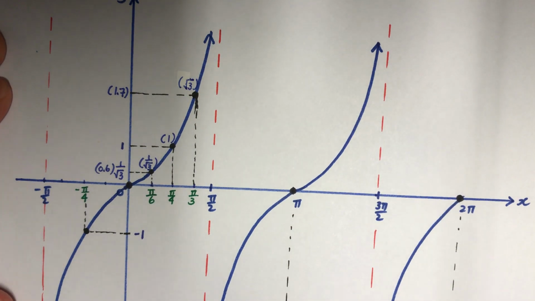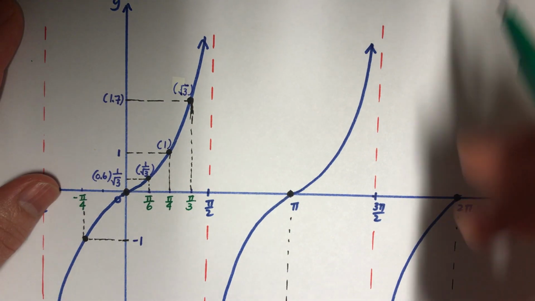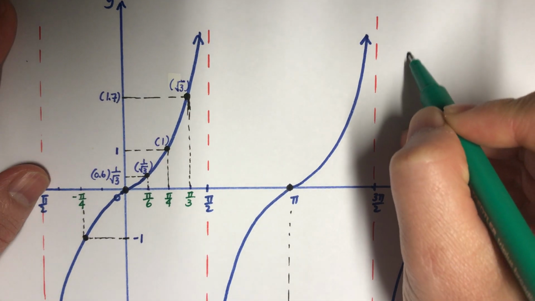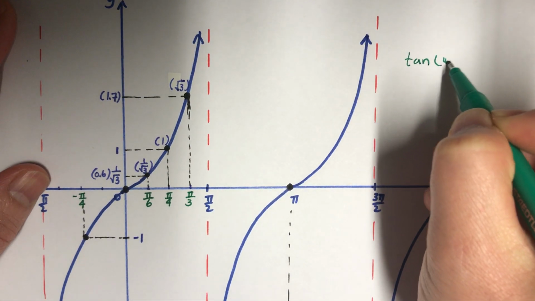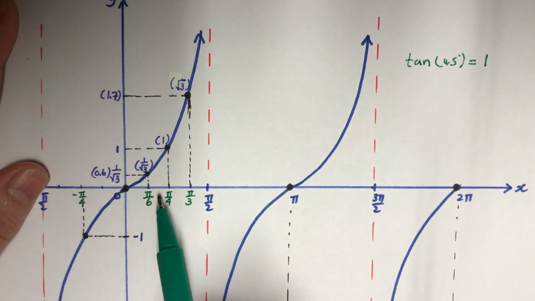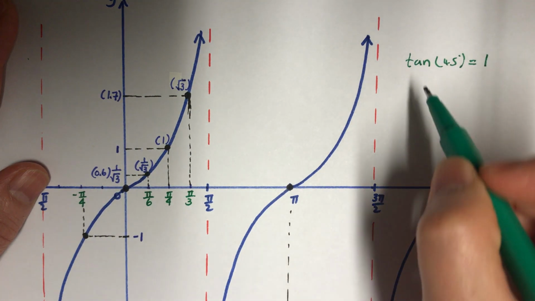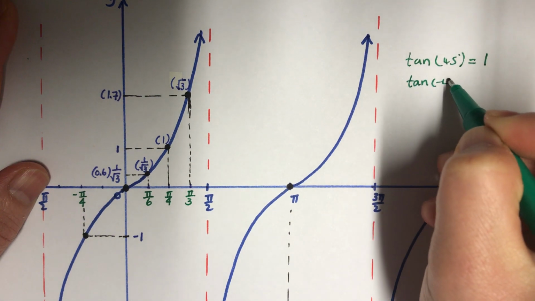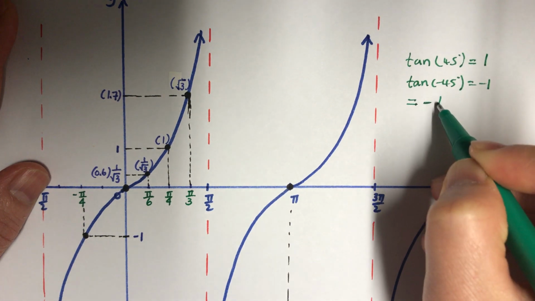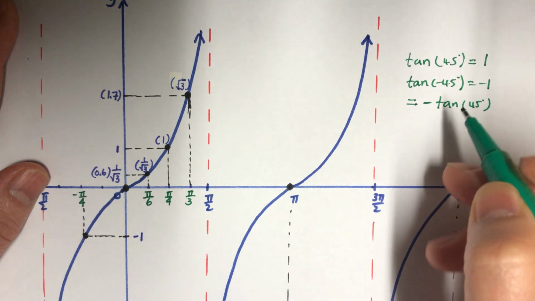Now let's have a look at whether it's an odd function or even function. I'm just going to pick 45 degrees here. Tan 45 degrees equals 1. But if I put negative 45, it'd be minus 1. So tan negative 45 equals negative 1, which I can rewrite as minus tan 45, because tan 45 was 1, so with a minus it would be minus 1.